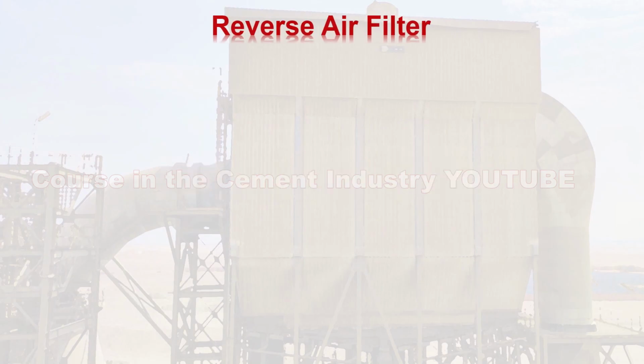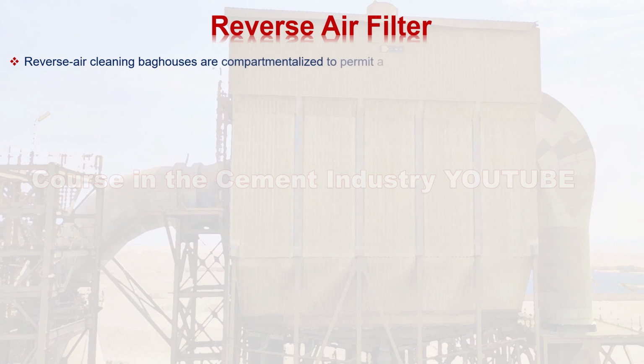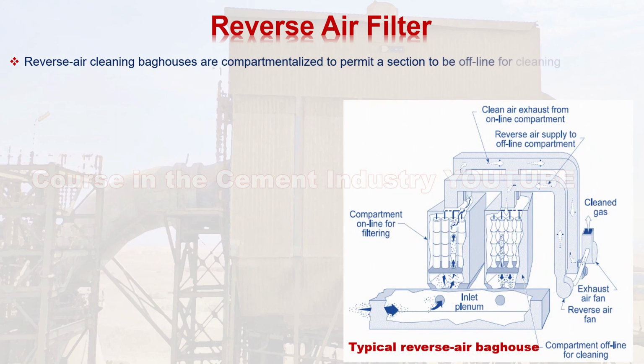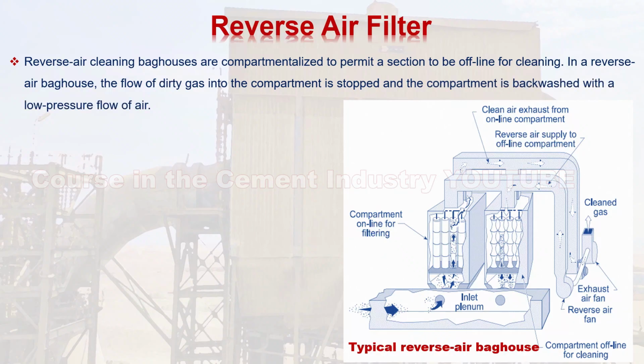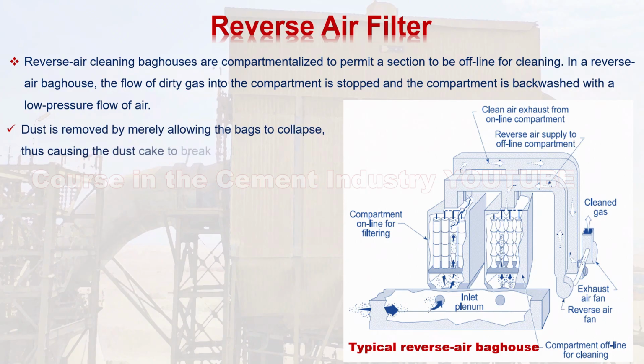Reverse air filter. Reverse air cleaning bag houses are compartmentalized, to permit a section to be offline for cleaning. In a reverse air bag house, the flow of dirty gas into the compartment is stopped, and the compartment is backwashed with a low-pressure flow of air. Dust is removed by merely allowing the bags to collapse, thus causing the dust cake to break and fall into the hopper.